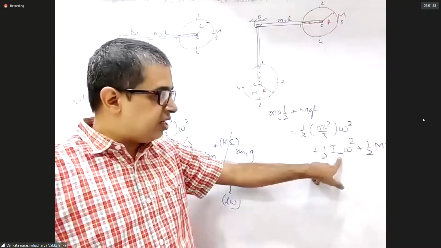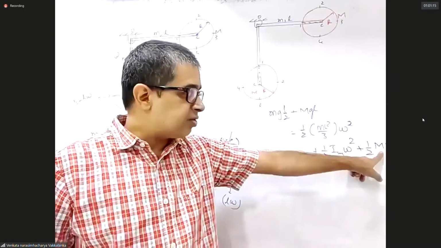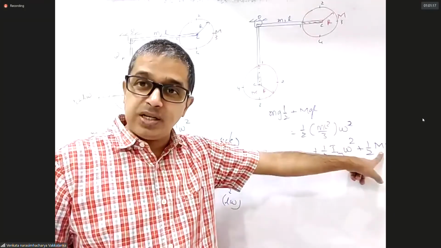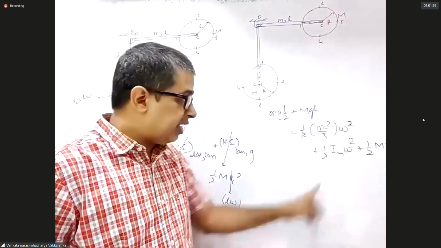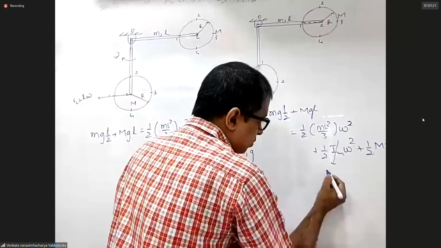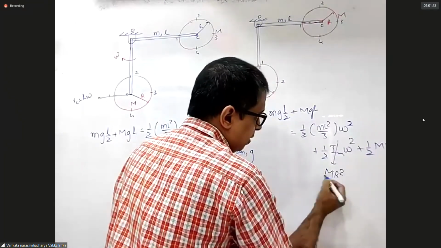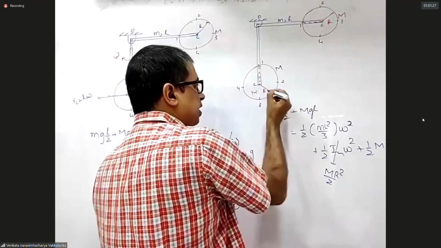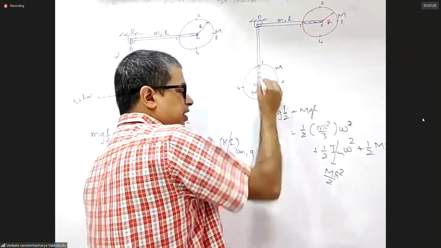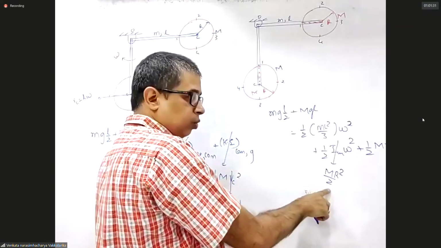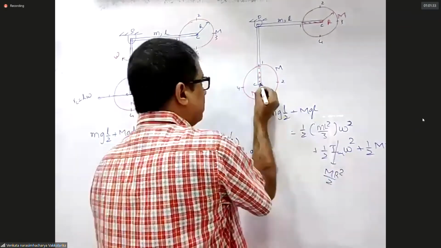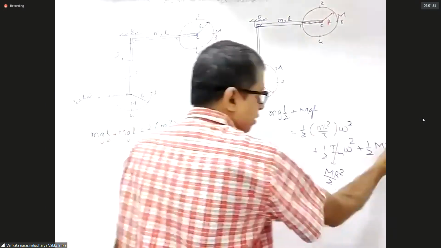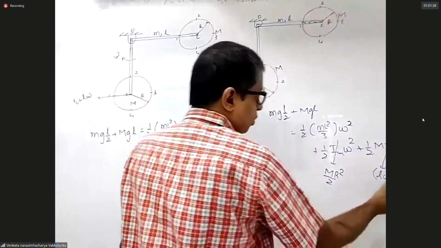Kinetic energy of the disk about its center of mass plus kinetic energy of center of mass with respect to ground. ICM is capital MR square by 2, where this is capital M and this is R. VC is equal to L omega.